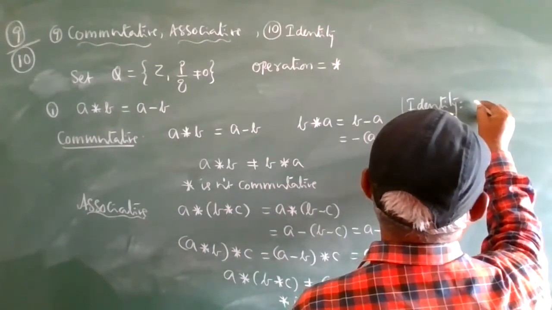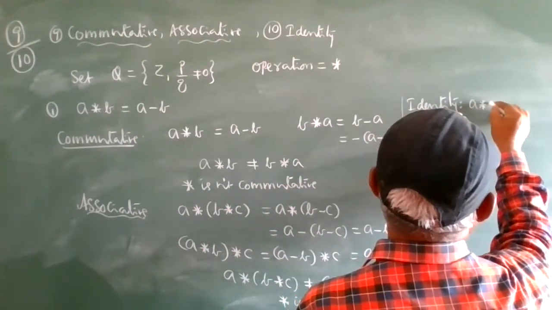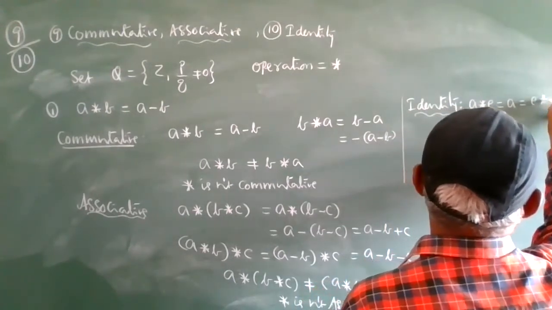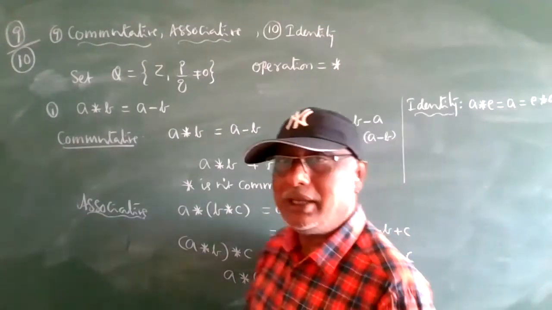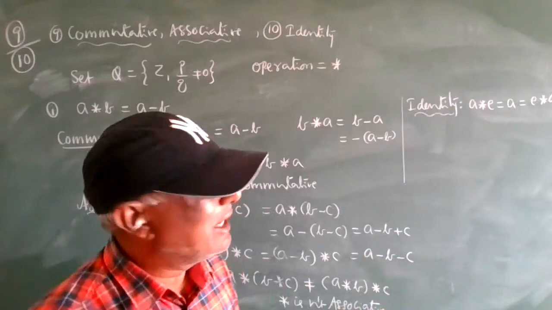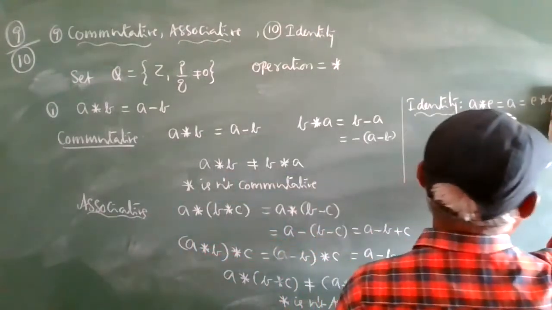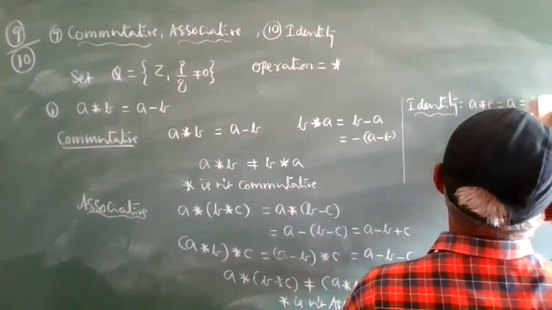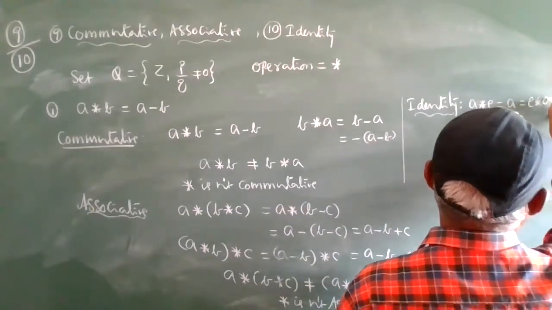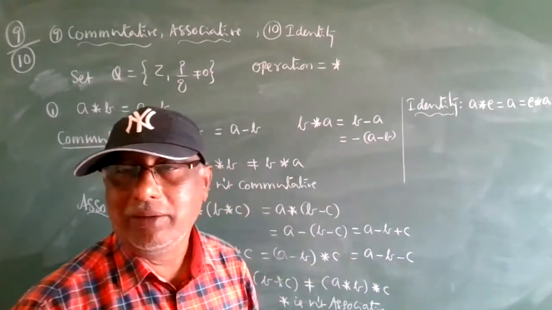Identity property: A star E is equal to A is equal to E star A. Satisfied means identity. Not satisfied means it is not an identity. Everyone see, E star A.